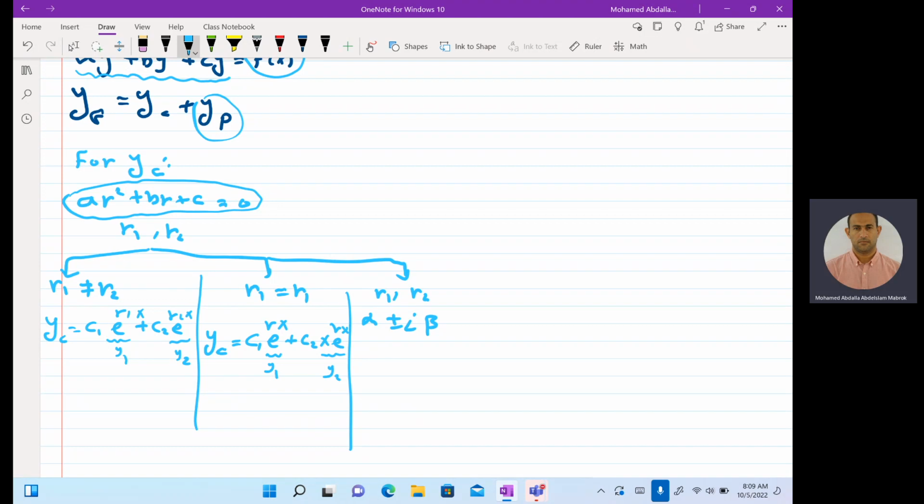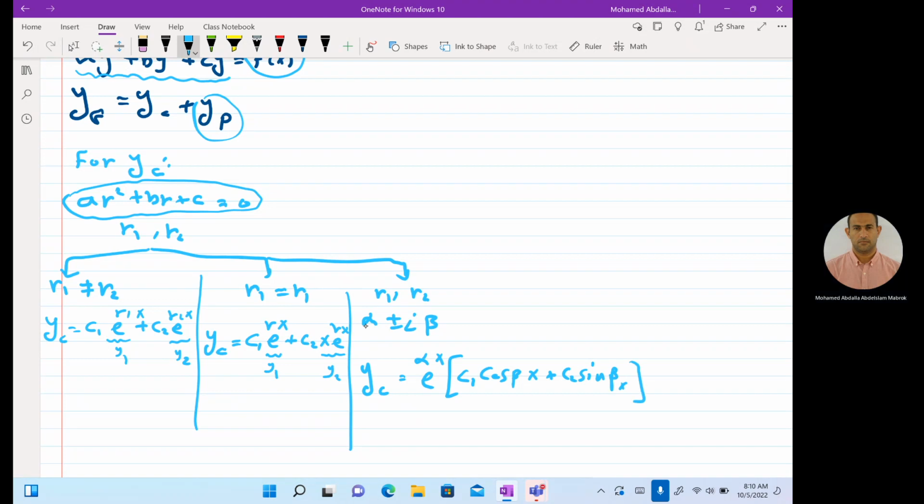In the third case, it's actually the same, but after some manipulation, we reach that we can write yc as e to the power alpha x times C1 cosine beta x plus C2 sine beta x. This is alpha, the real part.